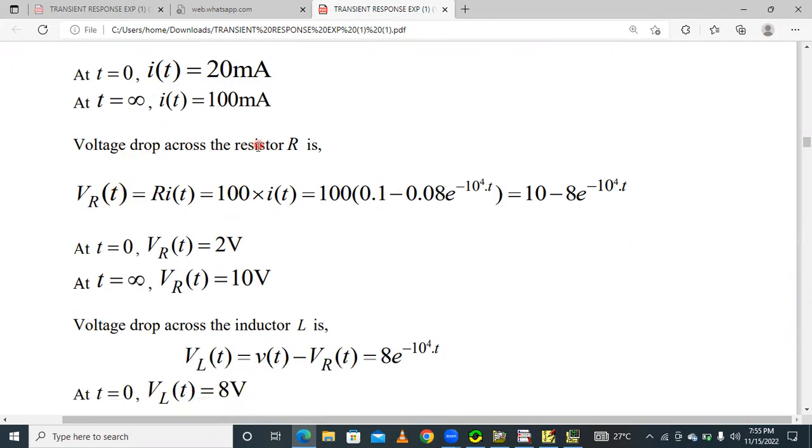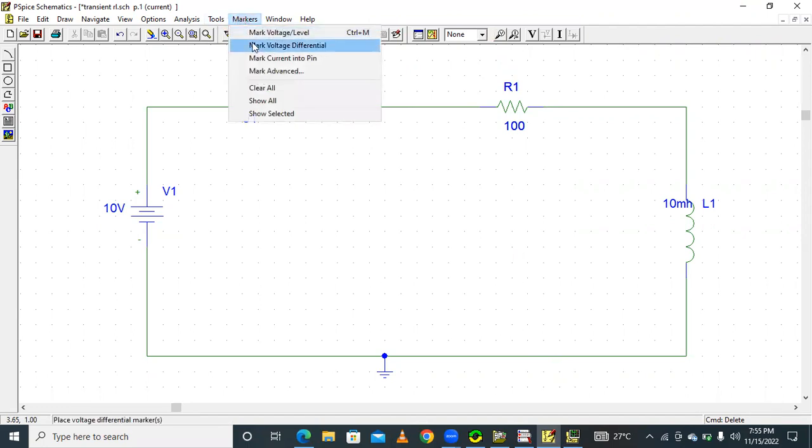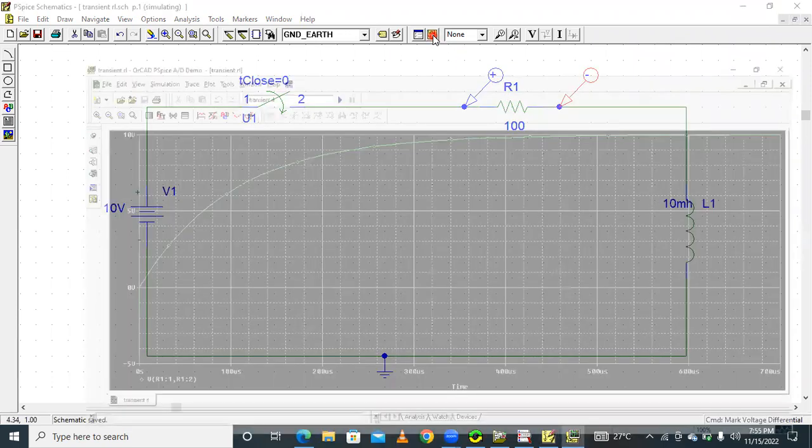Then the voltage drop across the resistor. Go to markers and mark the voltage differential; this is plus and this is minus, giving the voltage across the resistor.